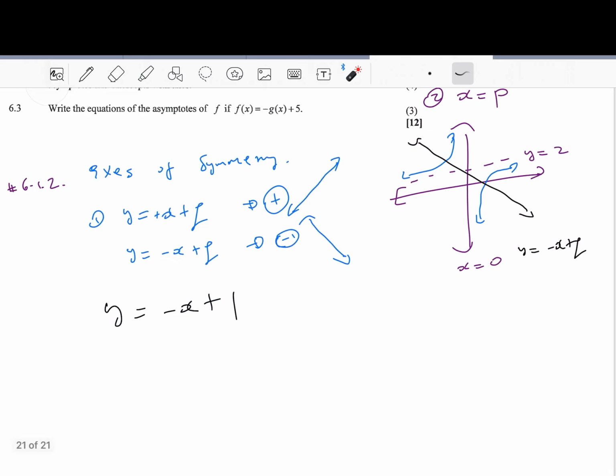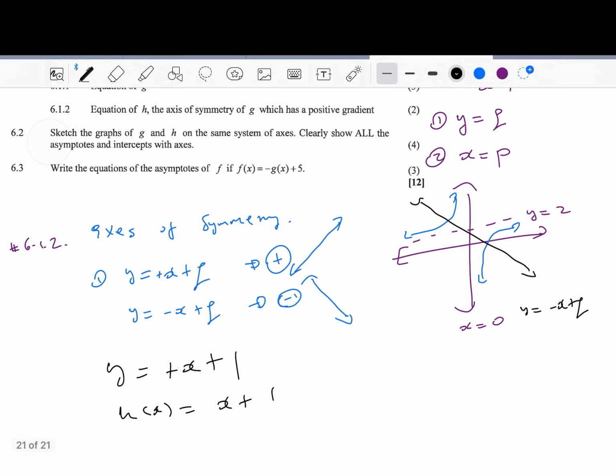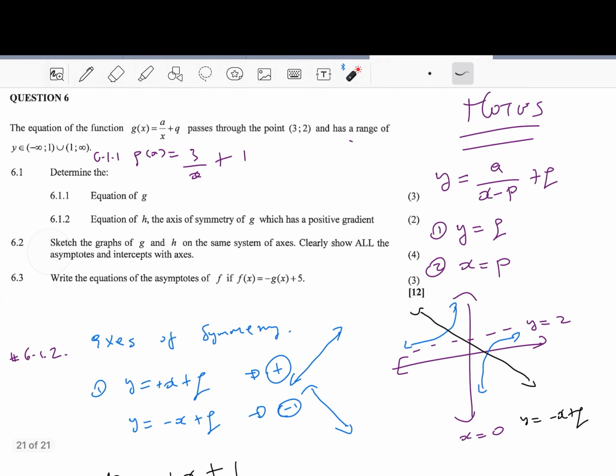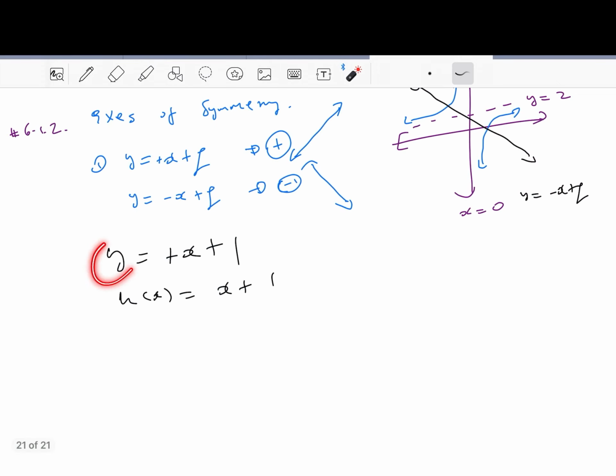So it's not going to be the negative gradient, it's going to be a positive gradient. So h of x is equal to x plus 1. Why do I write h of x? Because they told us the equation is h. So you don't have to say y is equal to that when they tell you that y is h. You just write h of x is equal to x plus 1.